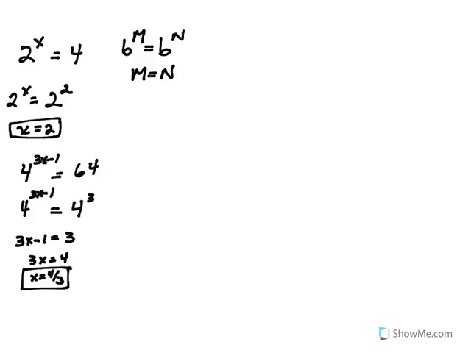Now, we cannot always apply that rule when we are trying to solve exponential equations. So, for example, we have 5 to the x is equal to 17. I can never make 5 and 17 have the same base. So we have never solved anything where we had to solve for the exponent, okay?